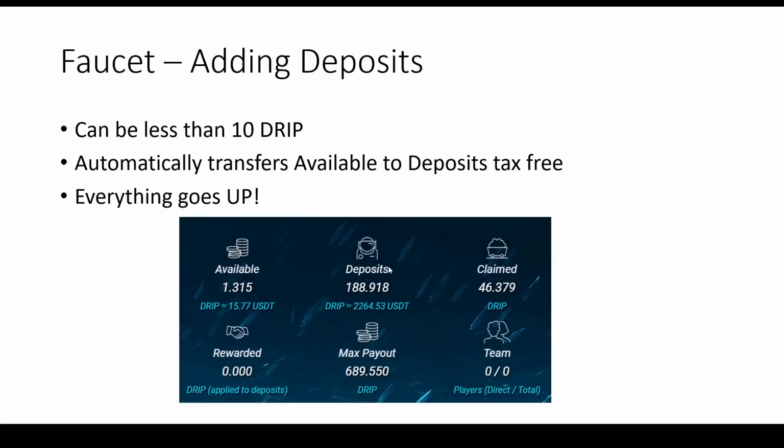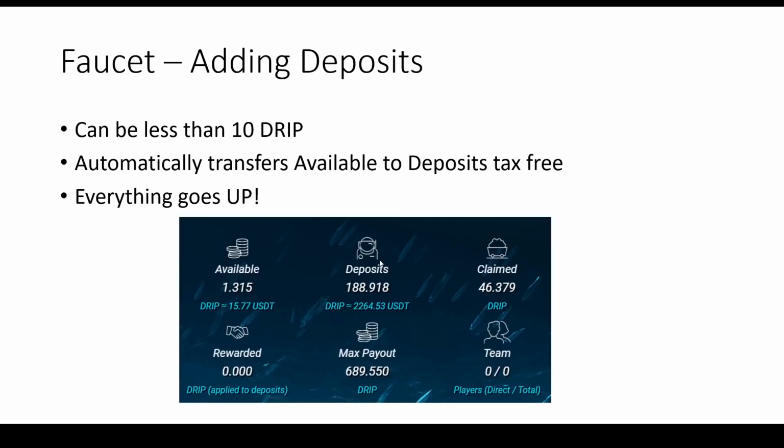Your deposits number will go up. This number here, the max payout number, is always 3.65 times your deposits. That number is going to go up because you have more deposits. And the number of tokens that you receive each day will also go up.